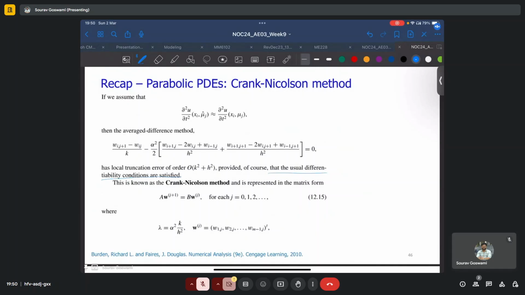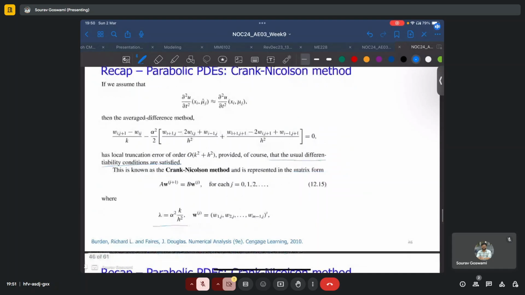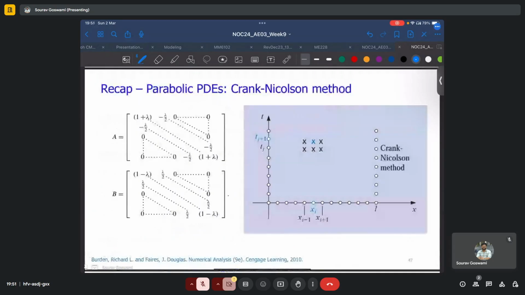And this method then becomes known as the Crank-Nicolson method, wherein the quantity lambda is equal to alpha squared k by h squared, and it is visualized here. If we are solving for a grid point depicted by the blue cross, we have to make use of available information at all of these other points.